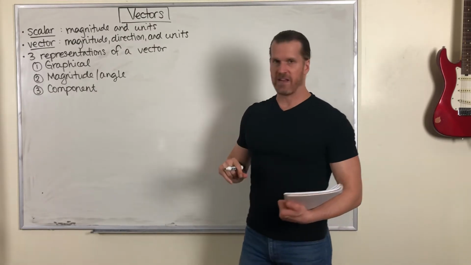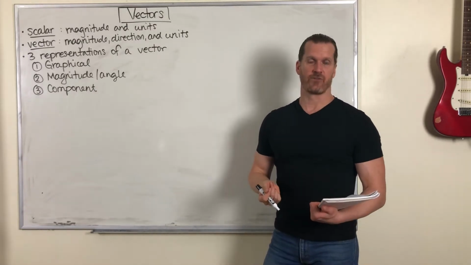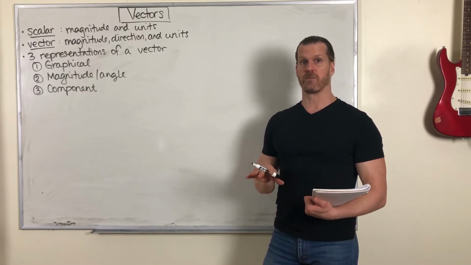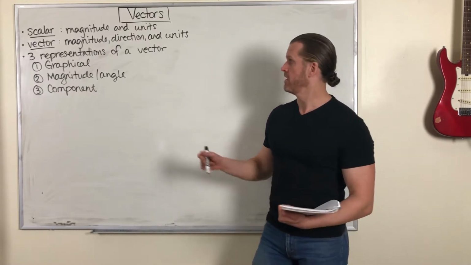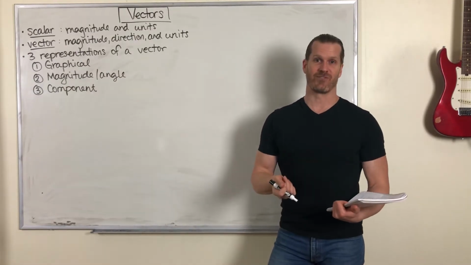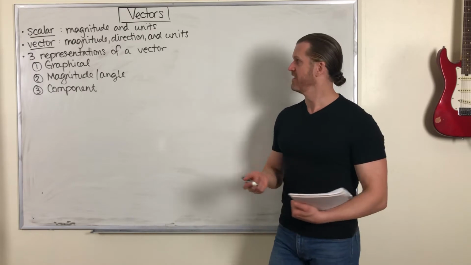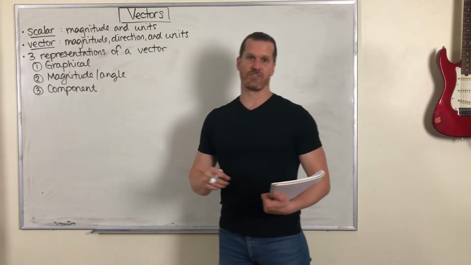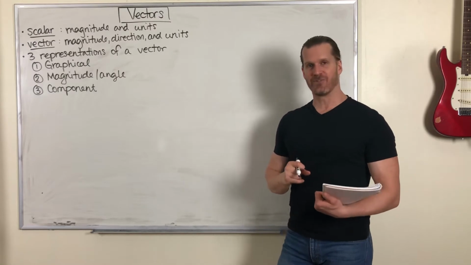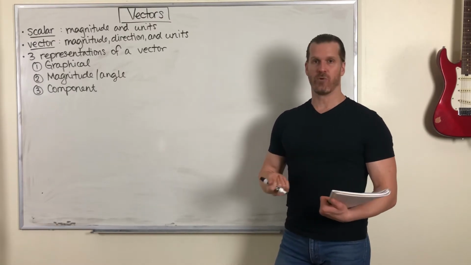Now there are 3 ways to represent a vector mathematically. The first way that we'll be talking about in this video is called a graphical representation. That just means you draw a picture. You draw it as an arrow. The other 2 representations that we'll be discussing in the next video are the magnitude angle representation and the component representation.